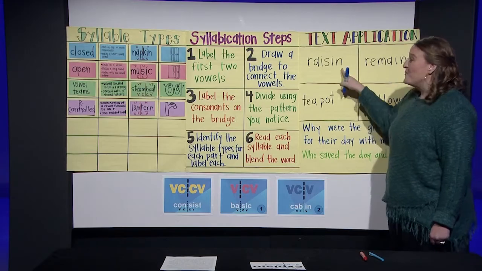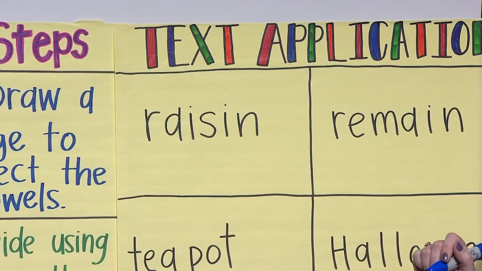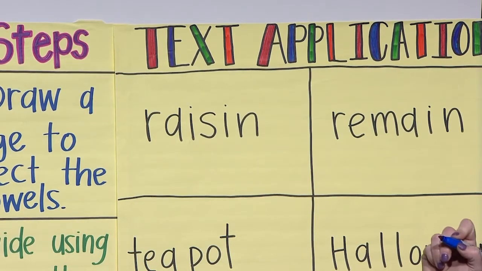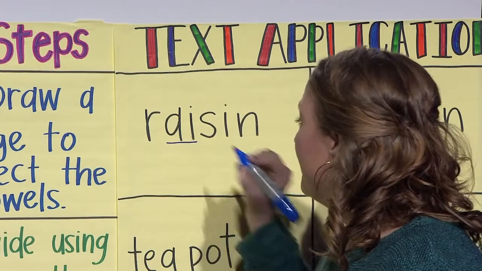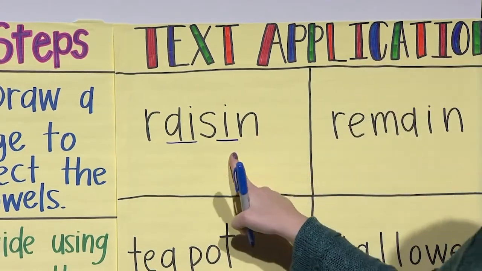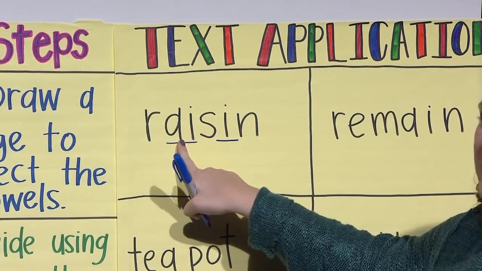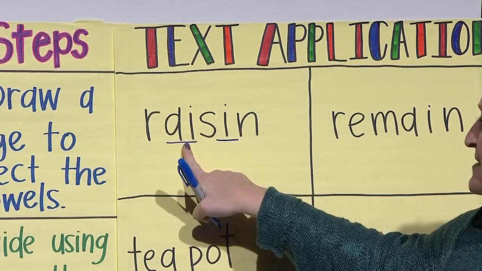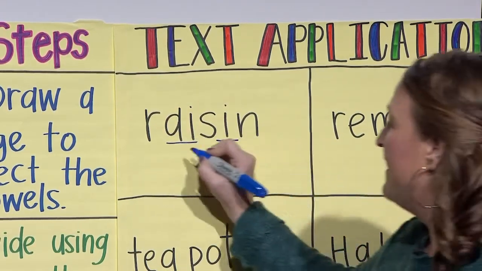Great. What's step one? Label the first two vowels. What two vowels do you see? I see AI as my first vowel and I as my second. We remember when they're a vowel team, we keep them together. We're going to label those with a V.